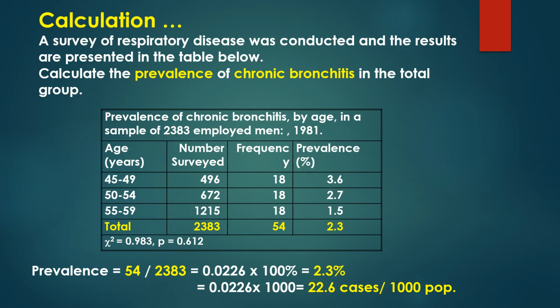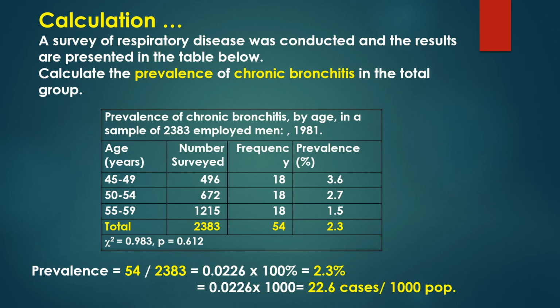We have the frequency of disease in each age group. To calculate prevalence in each age group, we very simply divide the number of cases in that age group by the number of people in that age group.